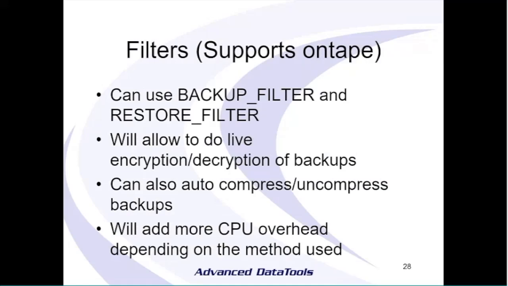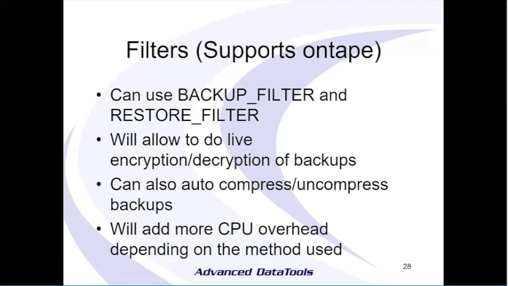So if you're running a system that requires data at rest encryption, you can set it up to encrypt directly to disk or file without having to go through a step after your backup's complete. This will also let you do it for log files and other types. You can also set it to auto-compress or uncompress backups, which can be really nice.